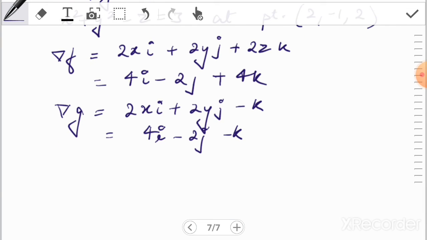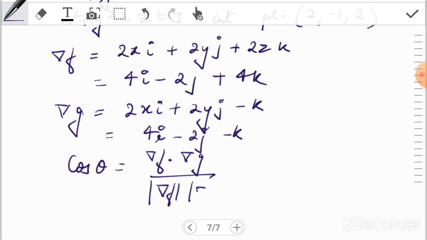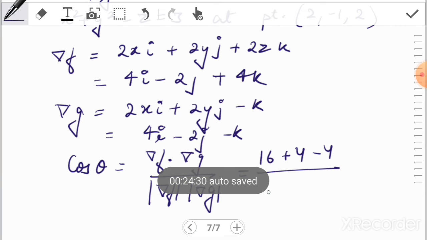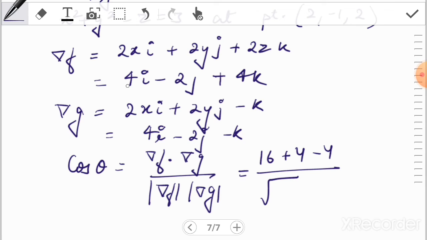Clear? So cos theta is gradient f dot gradient g by magnitude of gradient f and magnitude of gradient g, so which is 16 plus 4 and minus 4, by root under 16 plus 4 plus 16, that is 36, and this is 16 plus 4 plus 1, or 21.